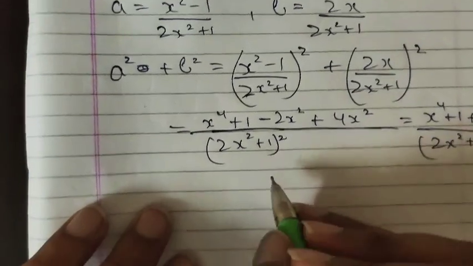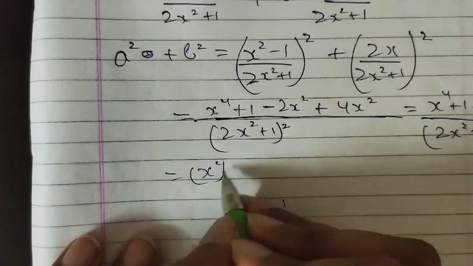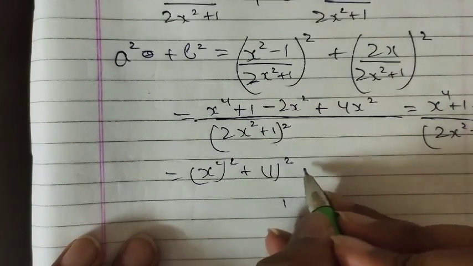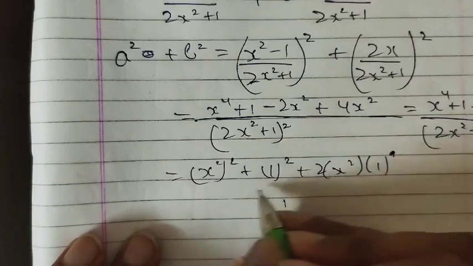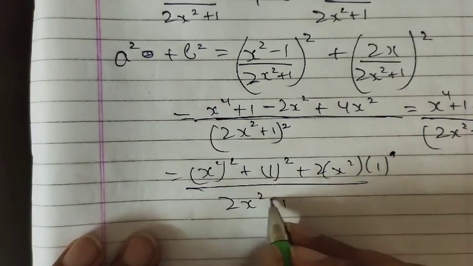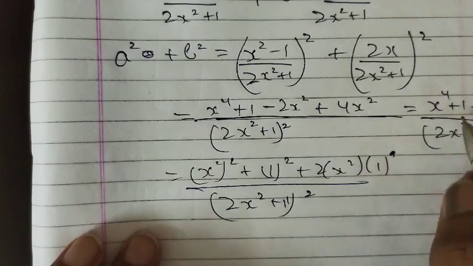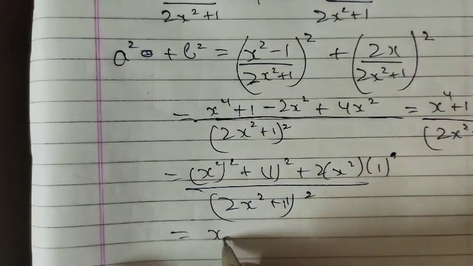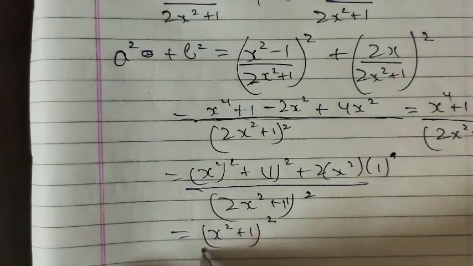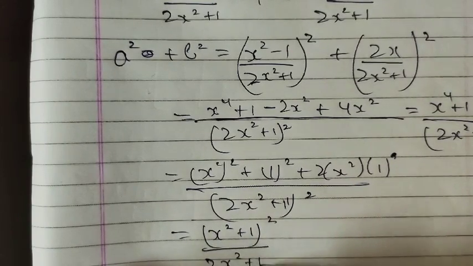This can be written as x square whole square plus 1 whole square plus 2x square multiplied by 1, divided by 2x square plus 1 whole square. Now this form can be written as x square plus 1 whole square divided by 2x square plus 1 whole square.